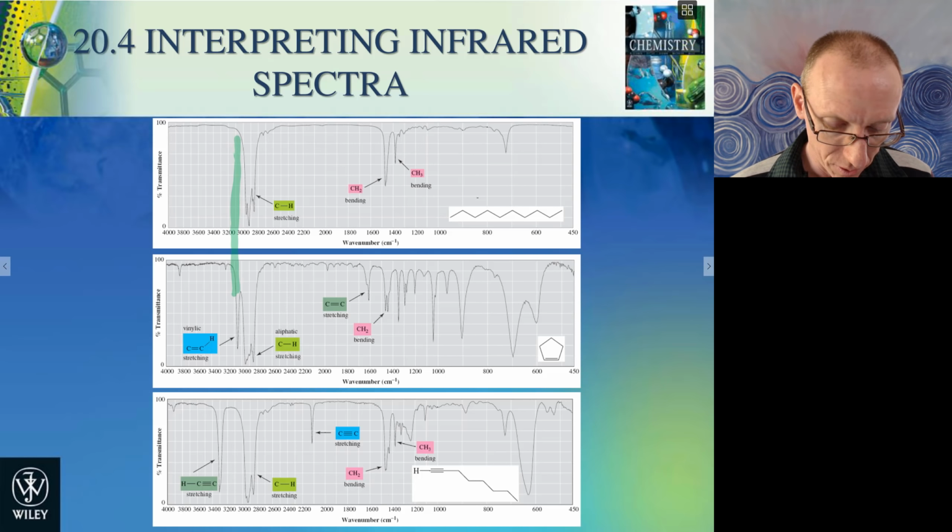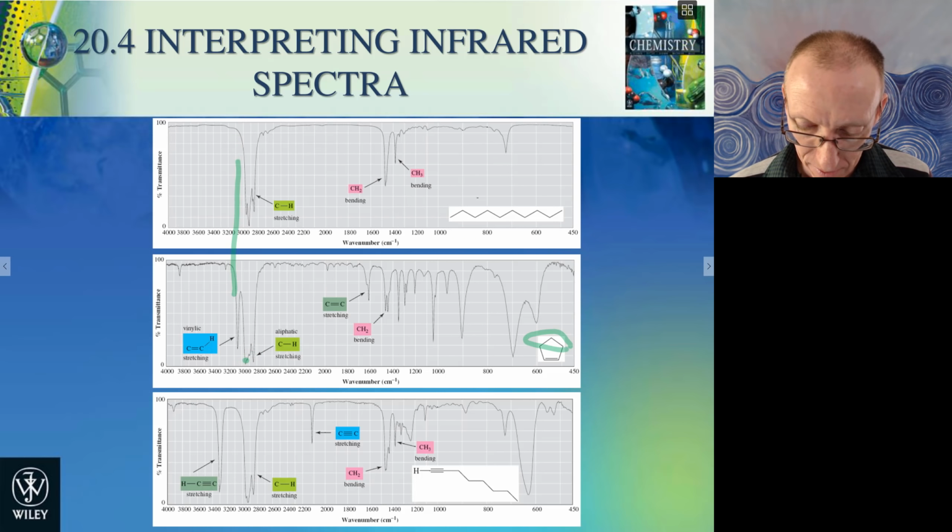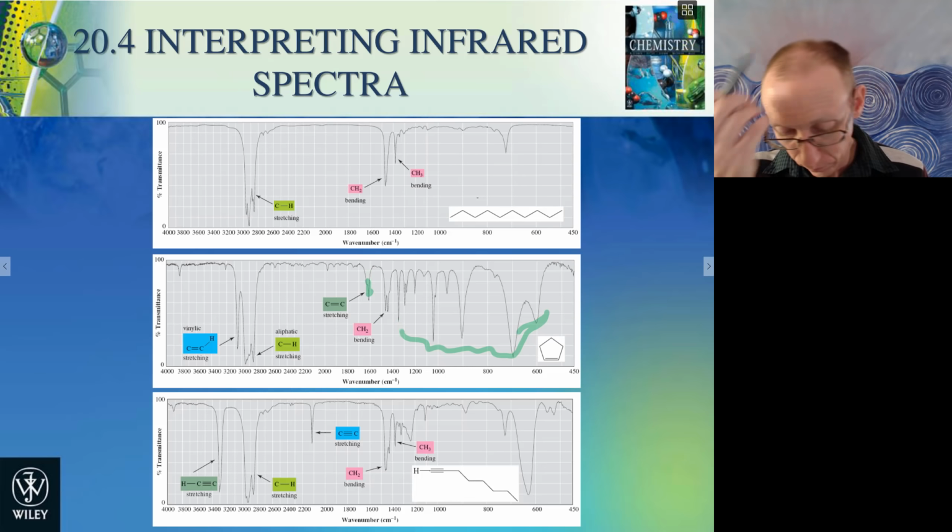So that's at about 3100 or so. We've got the CH stretches for the sp3 hybridized carbons, and then we've got the CC double bond stretch around 1600.